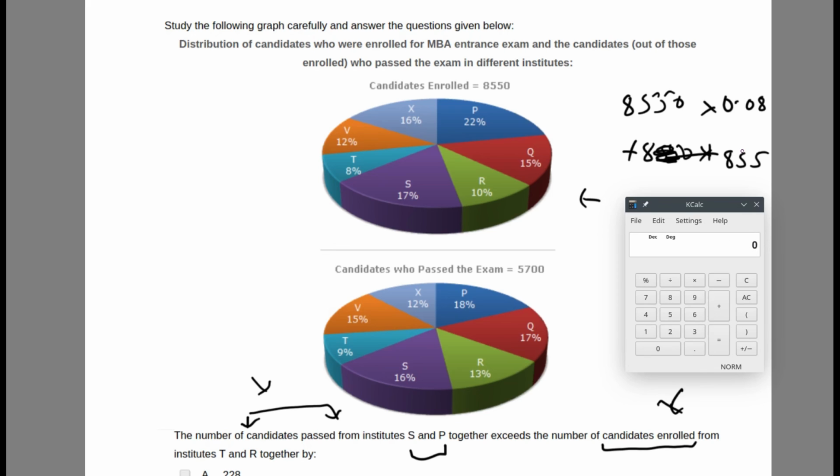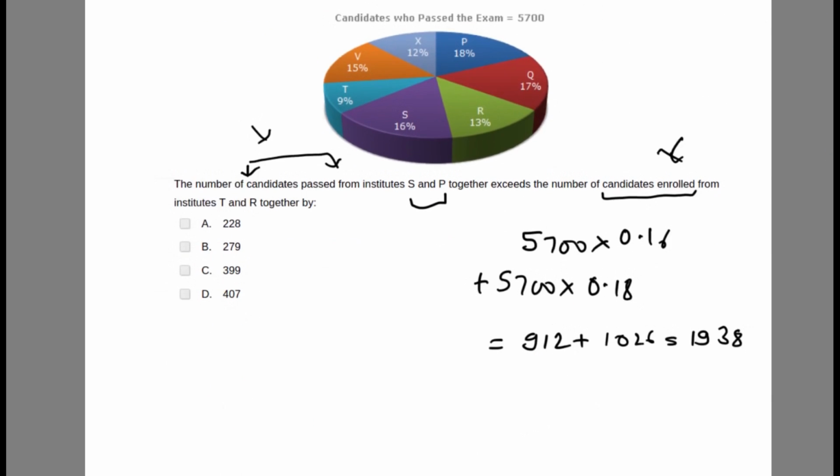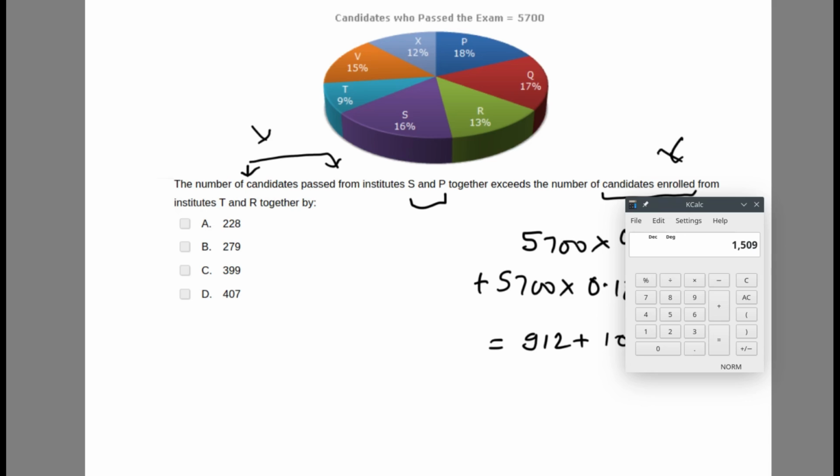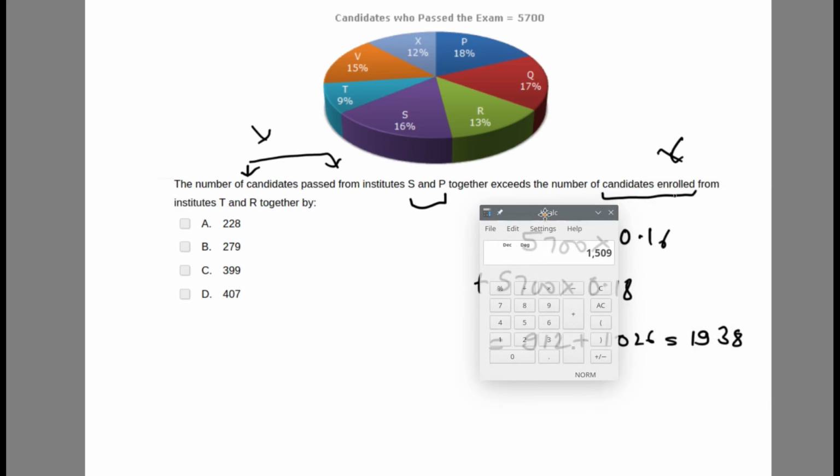Okay, 684 plus 855 is 1509. So if you do 1509 minus 1938, it will give us the wrong choice of option. No, mistake.